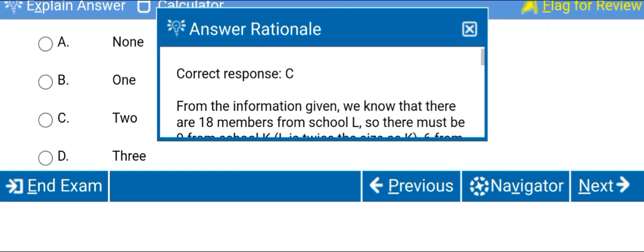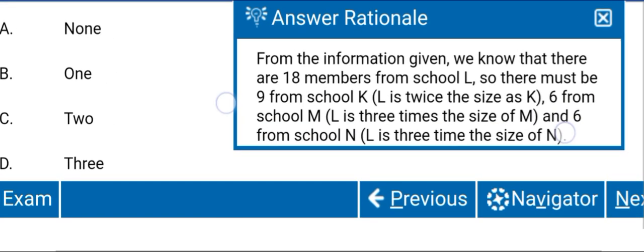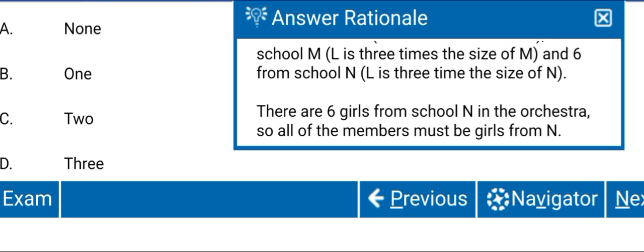So the correct response is option C. From the information given, we know that there are 18 members from school L. So there must be 9 from school K, as L is twice the size of K. 6 from school M, as L is 3 times the size of M. And 6 from school N, as L is 3 times the size of N.